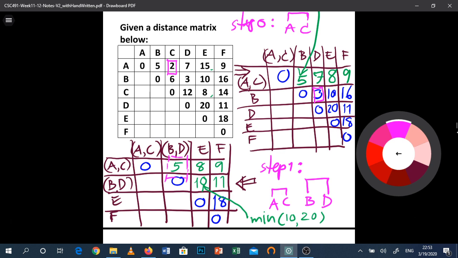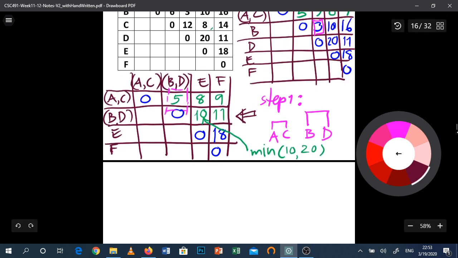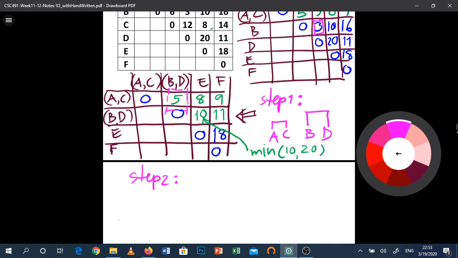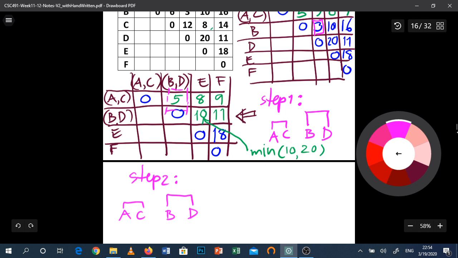So now we can update the dendrogram to be step... so you can see that it implies row AC merge with column BD. So that means A, C, B, D, and now we merge.